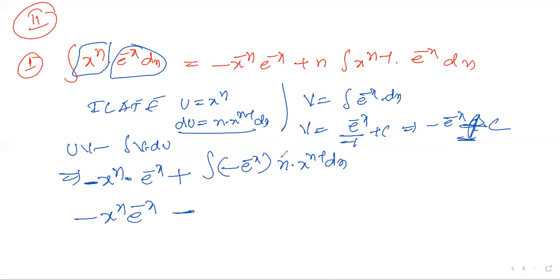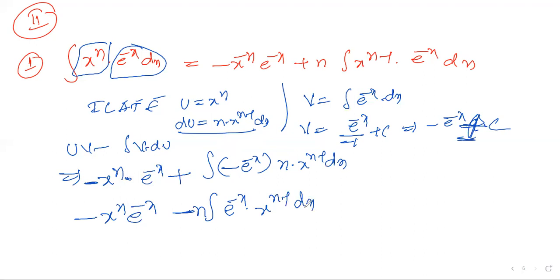V is already there, du is there, x power n minus 1. The minus will come, so minus integration of e power minus x, n you can take out, it is constant, x power n minus 1 into dx. Still clear? Any doubt?